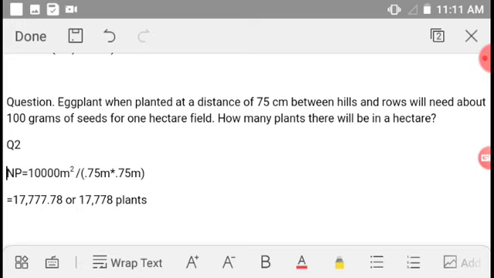So, dito, 17,777.78. So, 1 to 4 siya? Hindi. So, 5 to 9 siya. Plus 1. Kaya, yung 0.78 natin, mag-plus 1 tayo sa whole number na 17,777, which will give us 17,778 plants. Kasi nga, wala namang kalahating halaman dun sa 0.78, di ba?